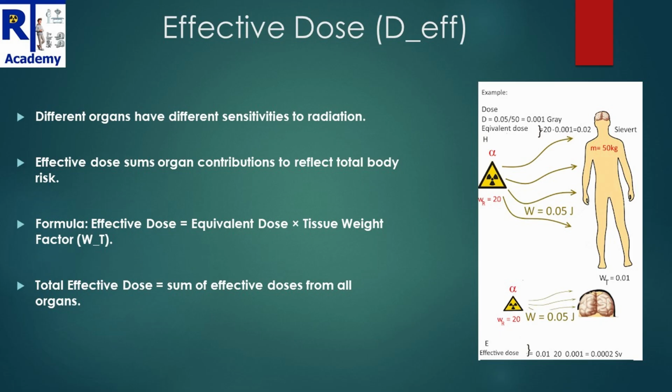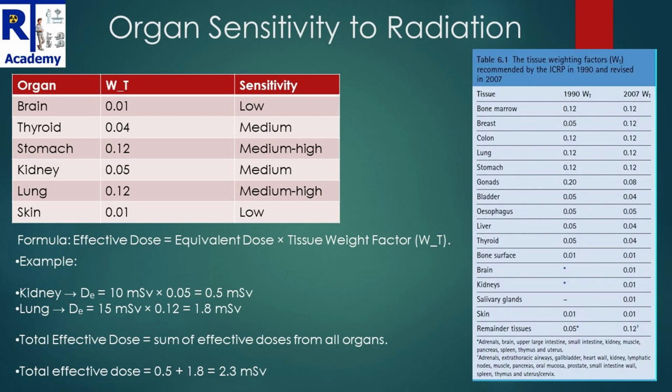3. Effective dose. Simple definition: the body has organs with different sensitivities to radiation. Effective dose sums these contributions to give a single number representing the potential overall biological impact. How is the effective dose of each organ calculated? Effective dose equals equivalent dose multiplied by tissue weighting factor, WT.